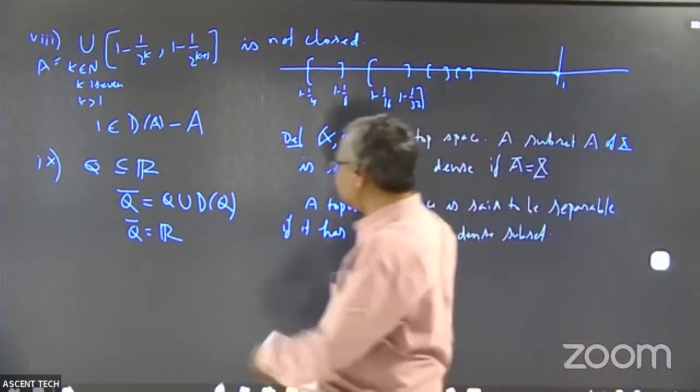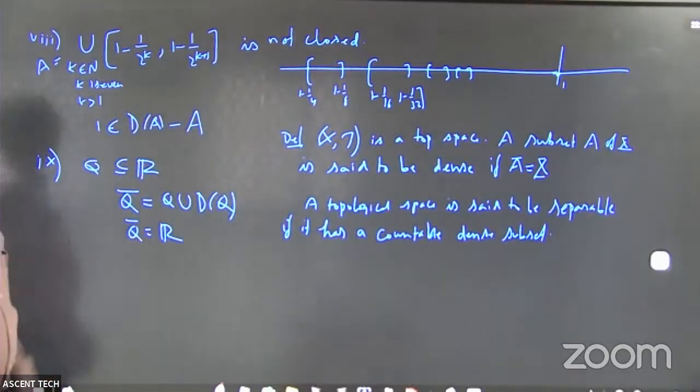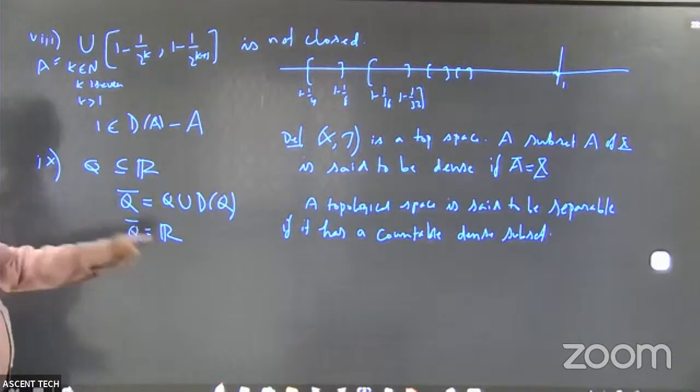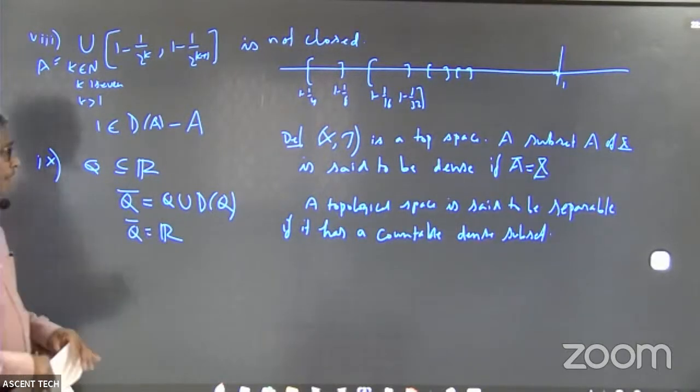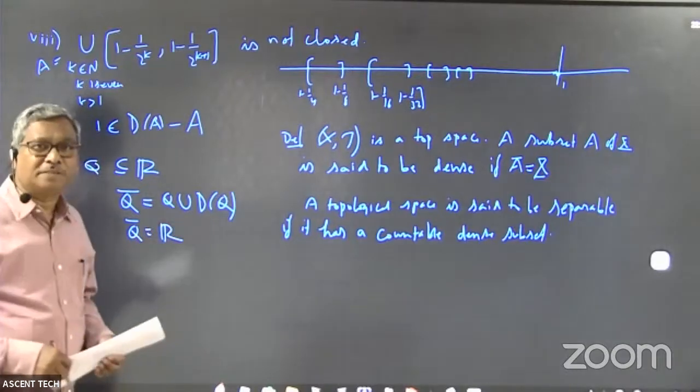Here, this Q, the set of all rational numbers, is a countable set, and it's dense in R. So R is called a separable topological space. Actually, it's a metric space, a separable metric space.